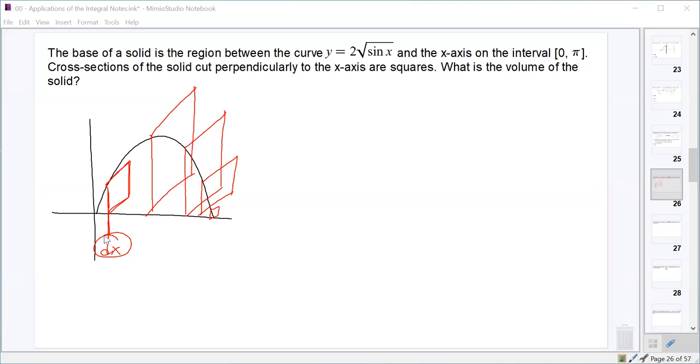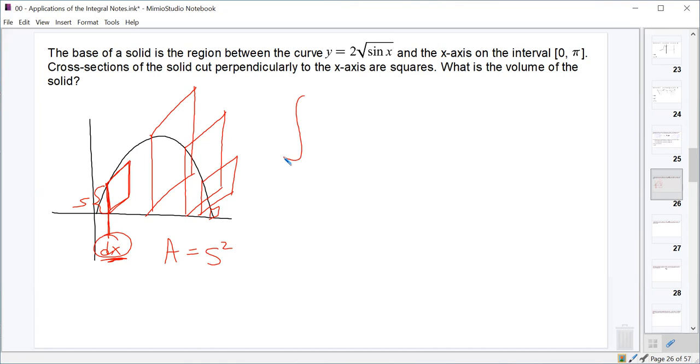In order to find the area of that face, we have to think about what one of the side lengths is, because we know that the area of a square is the side length squared. And if this is the side length, we'll need to figure out what that is in terms of our variable x. Regardless of which square we're talking about, we need a generic formula for that area, because we can't just use s squared.